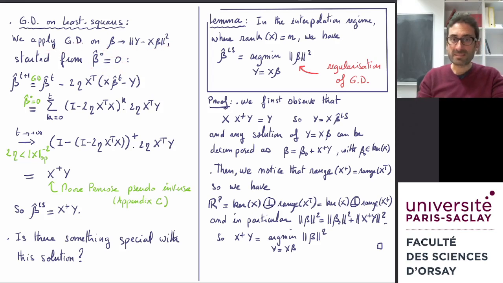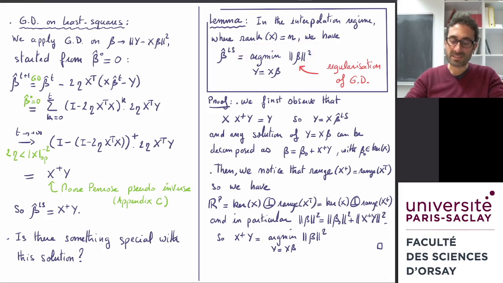What we have seen in the first video is that in this case, we end up with an estimator given by the Moore-Penrose pseudo-inverse of X times y. And there is something special with this solution: in our interpolation regime, it corresponds to the interpolating solution which has the minimal norm.